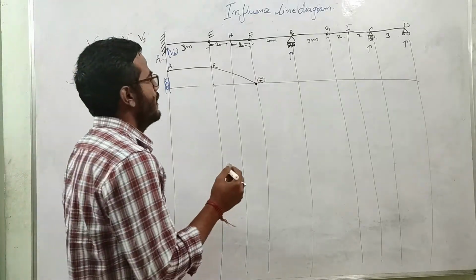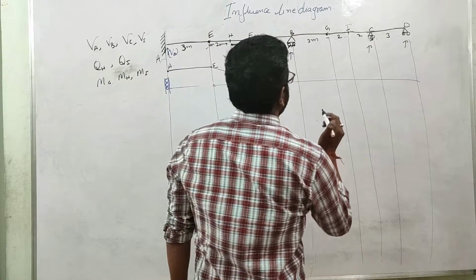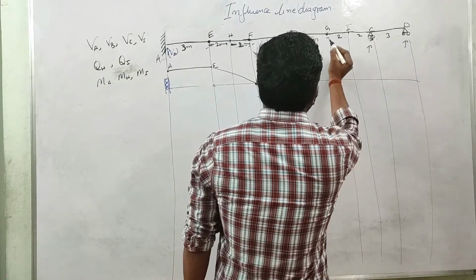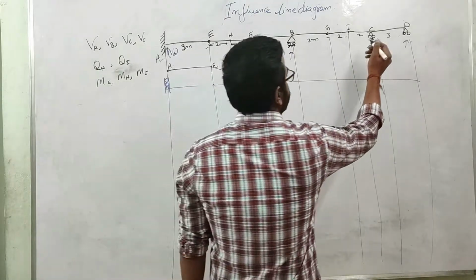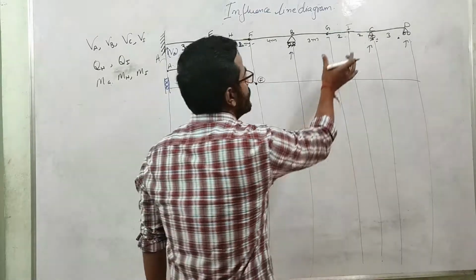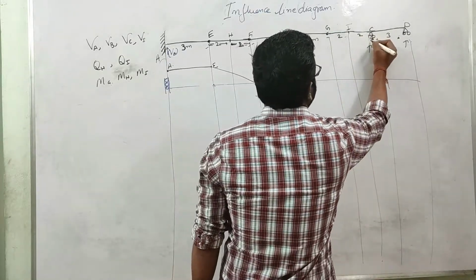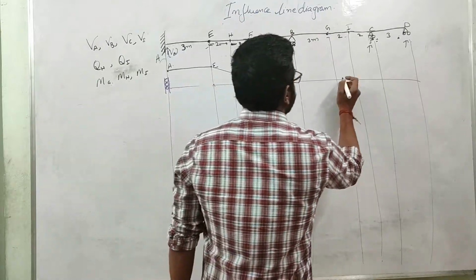Now let us see what will happen to this portion. Point G won't move up and down. Why? Because it is restricted by these two supports C and D. This portion is highly stiff, so it won't come down, and this portion will be a straight line.